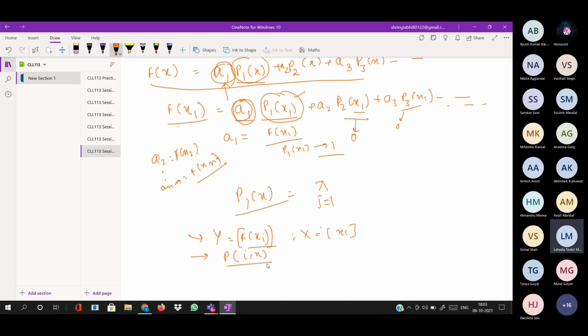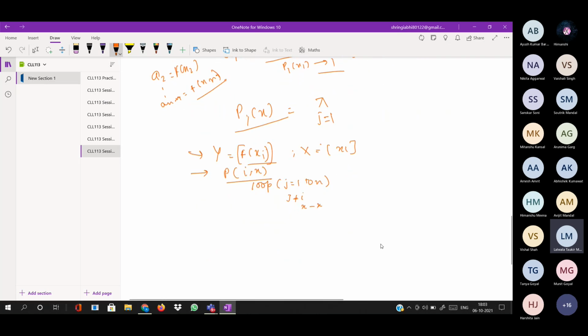Then we will run a loop for calculating pix, for j equals 1 to n and j not equal to i, we will multiply x minus xj upon xi minus xj, and x also we can take as input, like x1, x2, x3. So we can calculate the p1, p2, p3 coefficients.